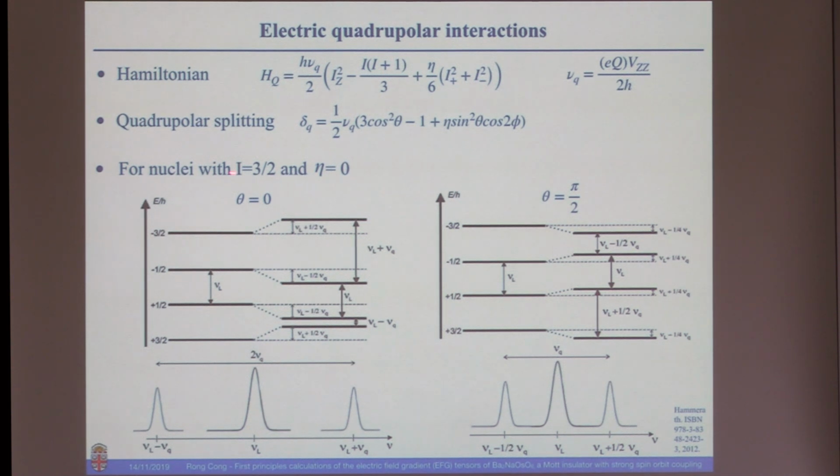Such as in this case for the sodium, the splitting is different when the magnetic field is aligned with different directions of the crystal. So this is the splitting between different peaks, written in the EFG principal coordinate. By doing the rotation, we will be able to deduce all these parameters experimentally.